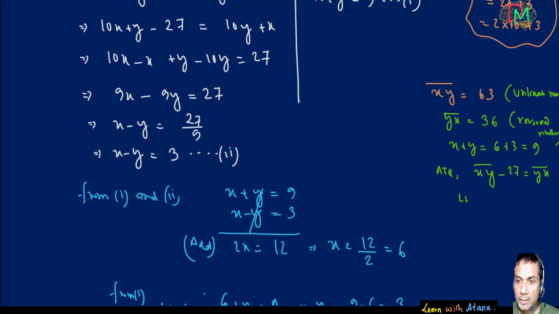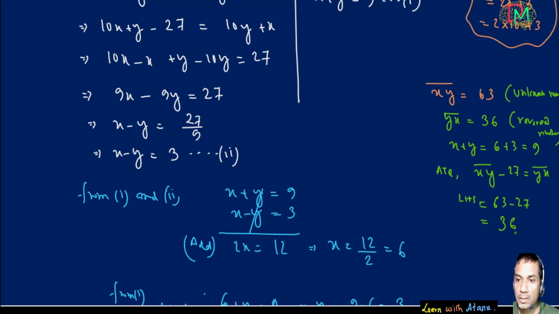So let's check the LHS. LHS becomes xy minus 27. So xy is 63 minus 27, which becomes 36, and this is the RHS, meaning yx. Clear? That is 36.